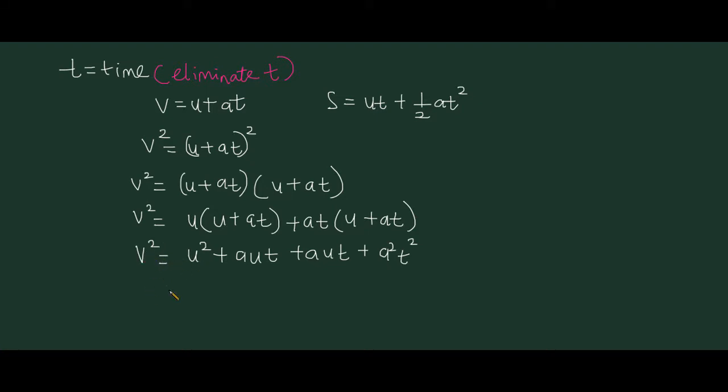So we simplify this first, and this will be v squared equals u squared plus, because these are like terms, they can add up together, 2aut plus a squared t squared.